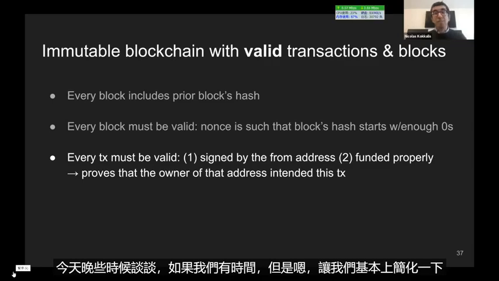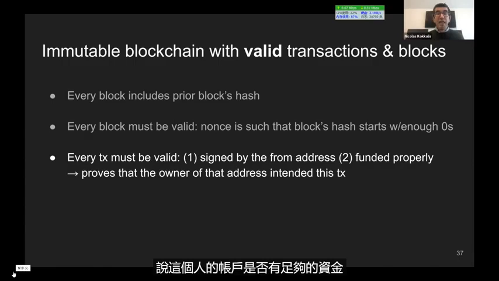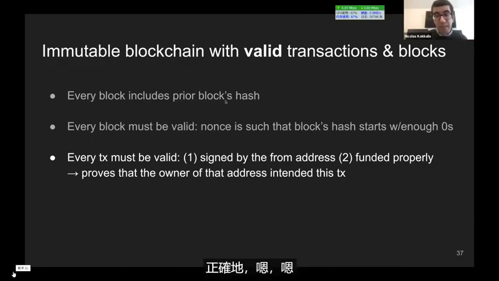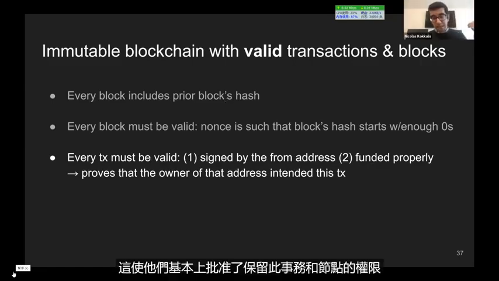But let's simplify this to saying, if the person's account has enough funds, then the transaction is possible. If the person's account doesn't have enough funds, then the transaction is not possible. And it's up to the miner to scan through the whole history of the blockchain, or usually they maintain embedded data structures in their memory of what is a valid UTXO, or whether the transaction is funded properly, and that makes them approve keeping this transaction.